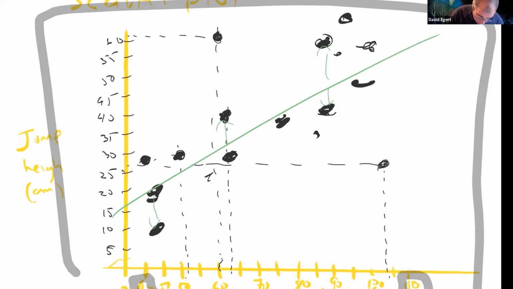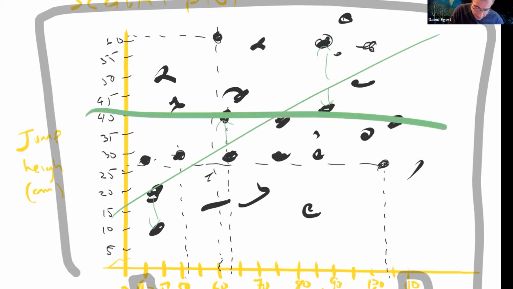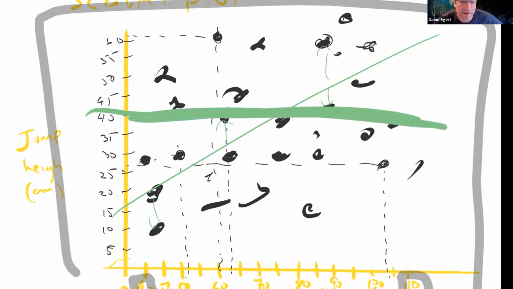It could also very well be that you do all of this analysis and the trend line looks like that. There is nothing. You don't know though until you do it.